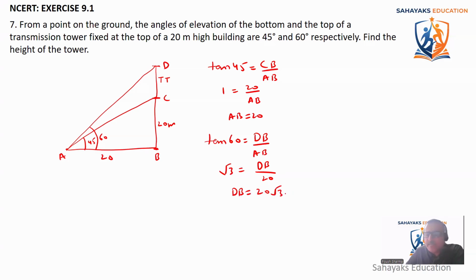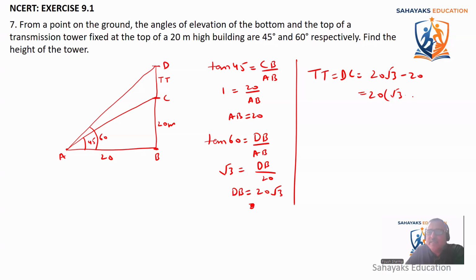So when DB is equal to 20 √3, we need to find the height, the TT. So TT, which is equal to DC, is equal to 20 √3 minus the height of the building. So it becomes 20 common, √3 minus 1. So it becomes 20 multiplied by, we know that √3 is 1.732, minus 1.